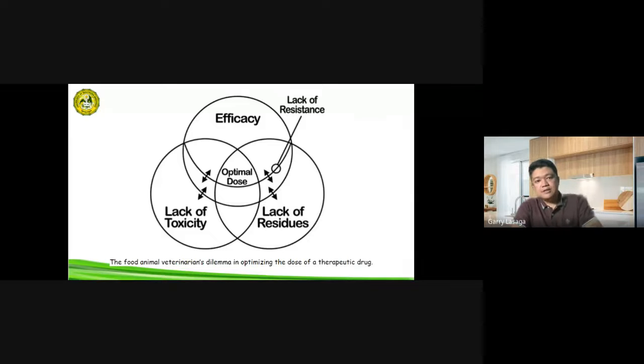in the product. For example, when we use an antibiotic to treat a certain type of infection, and we do not follow the minimum withdrawal period. When we say withdrawal period, that is the time from the administration of the drug up to the time that the level of the antimicrobial in the meat, milk, and egg is within the tolerable or safe level.